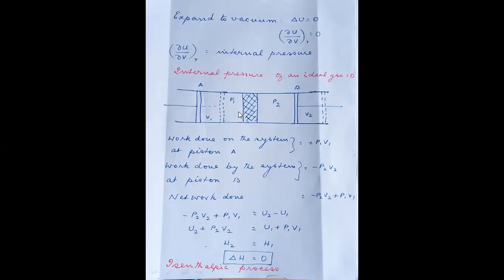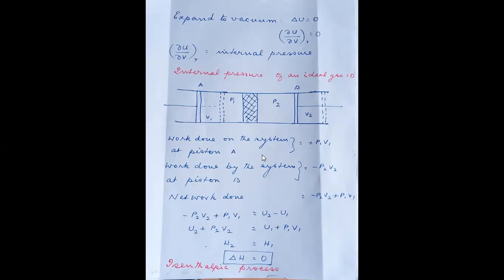And this gas slowly goes through the porous plug to the right side piston, and here the pressure is P2 and the volume change is V2, where this was the position of the piston and it is expanded to here.